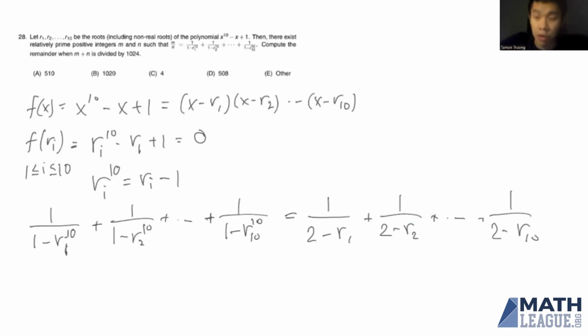Now this becomes very manageable to work with because we converted sums of essentially 10th powers, 1 over 10th powers, to 1 over some linear term, which is fairly useful here.